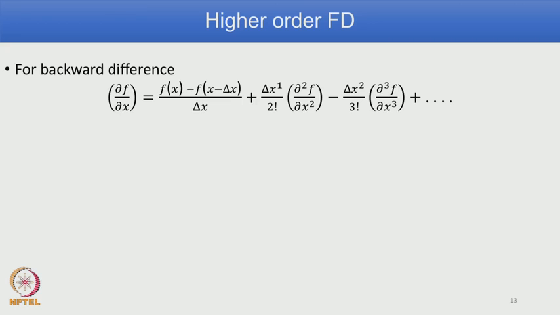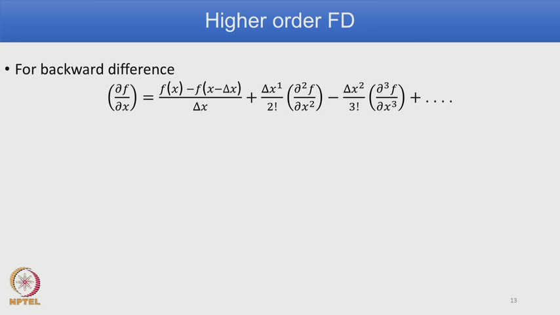Now, just like we obtain higher order finite difference scheme by a forward difference procedure, we can also obtain higher order finite difference scheme by a backward difference procedure. What is shown here is the backward differencing formula for the first derivative.